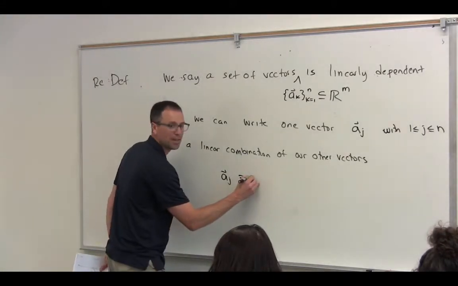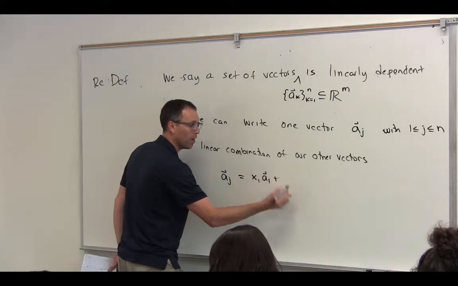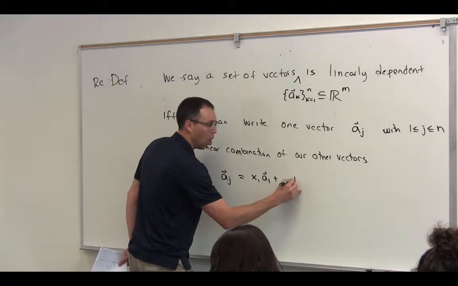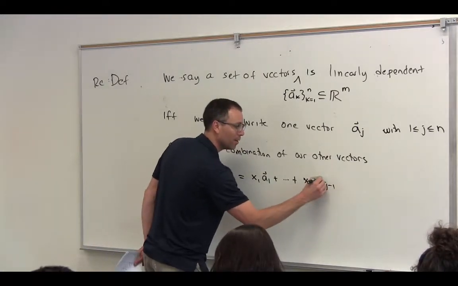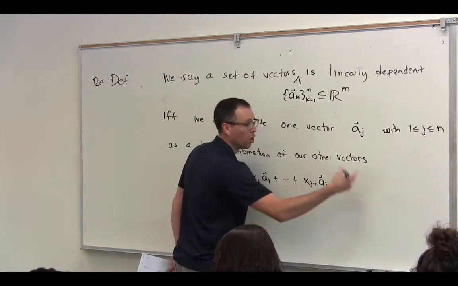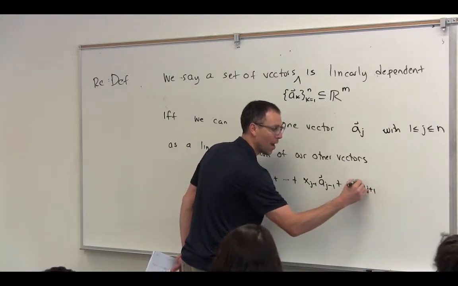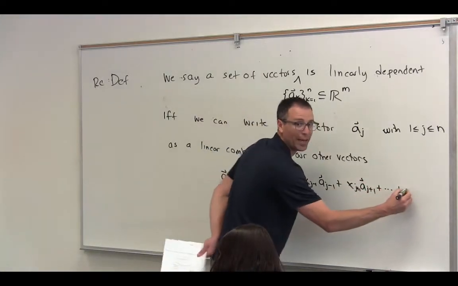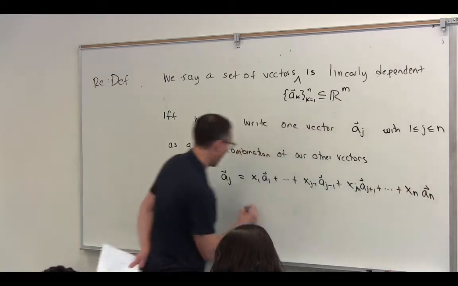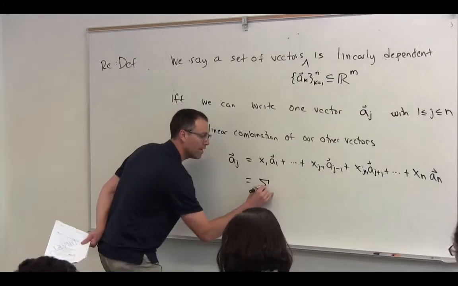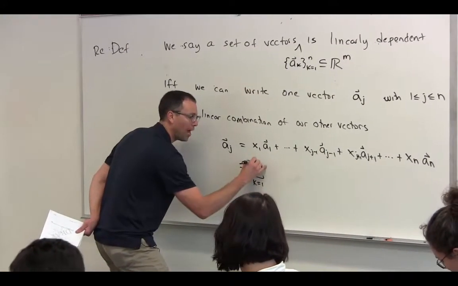Yeah, there exists some set of scalars, x1 times a1 plus all the way to the one right before j. Then I go to the one right after j. Then I go all the way down to an. And then we can use this really creative use of summation notation where we run through all elements.